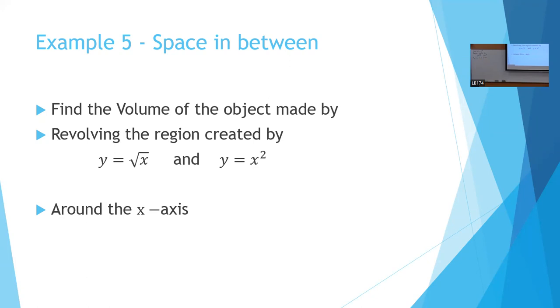So we have y equals square root of x, y equals x squared, and we're revolving it around the x-axis.